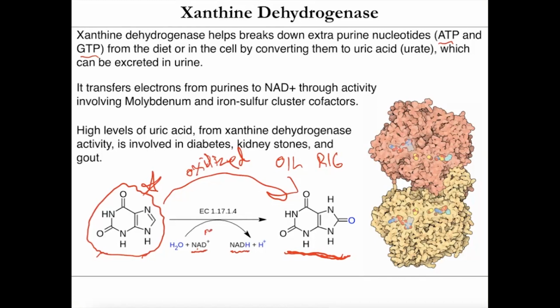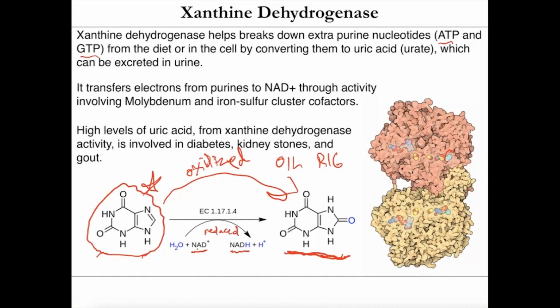So this is reduced to NADH. It'll gain a hydrogen atom and electrons as well. How xanthine dehydrogenase does this is it transfers these electrons through the enzyme. We'll take a look at that. That's basically what we'll focus on, looking at the enzyme.